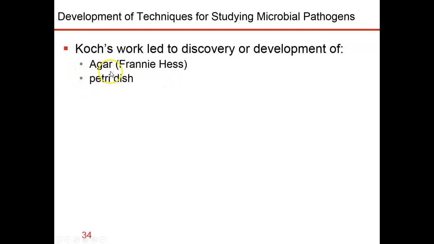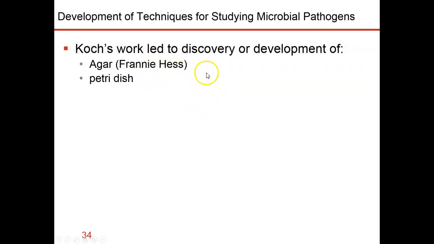Actually, agar has been used for a long time in, well, in the food industry. So here we're using it to make solid nutrient agars and stuff for bacteria to grow.